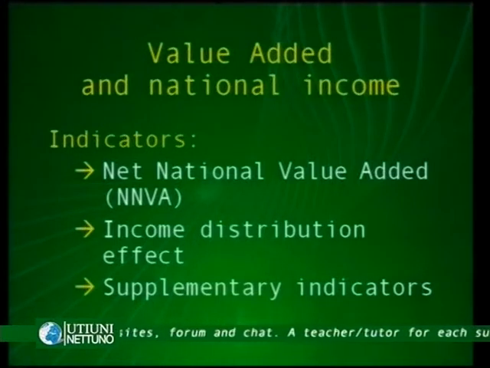The first indicator is what is defined as net national value added, or NVA. This is the value added produced and distributed within the country. So clearly, by definition, it excludes imports, because these are produced outside the country, but it also excludes what is typically defined as repatriate payments.